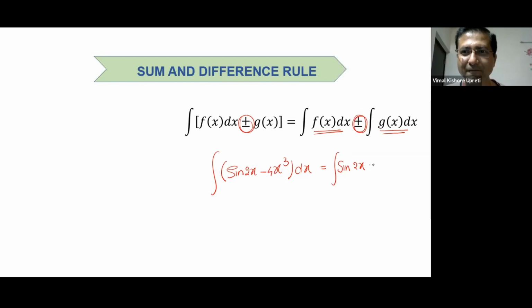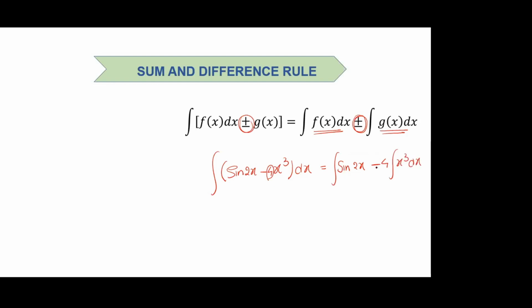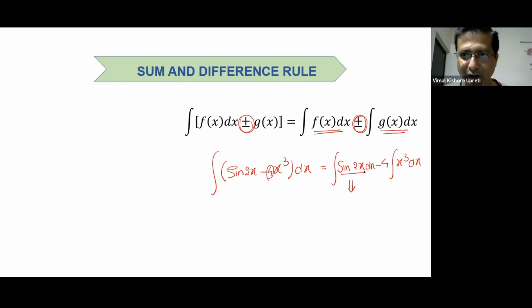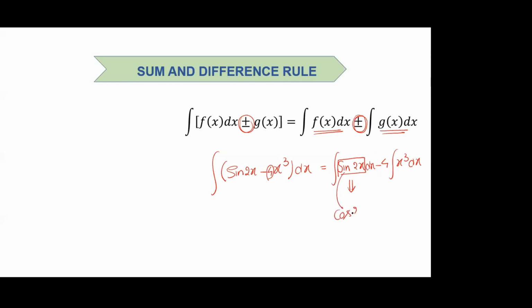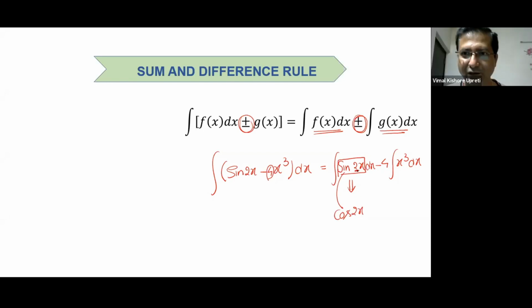First I'll try to simplify. This contains a constant, that constant I'll take out. So now the integral of sin 2x dx. By sin 2x integration we know, sin will get converted into cos divided by 2, and whatever is written in front of x must be written in the denominator.